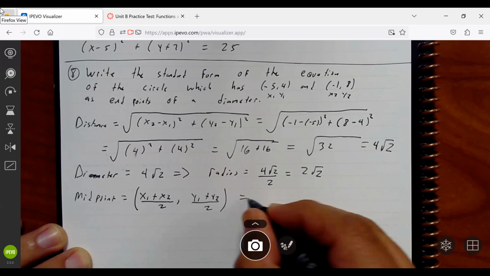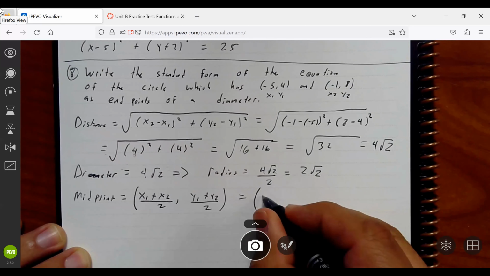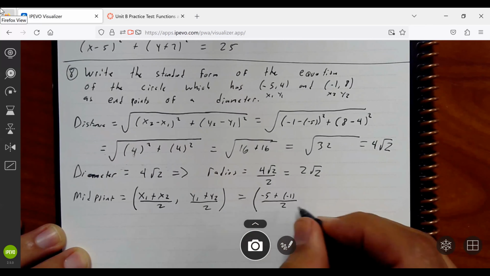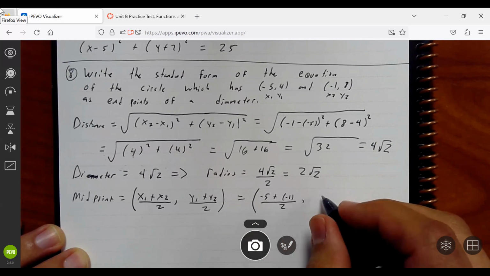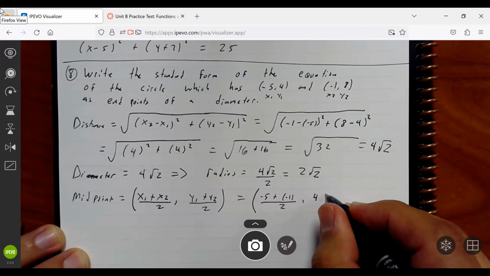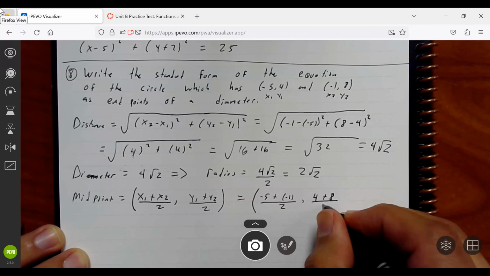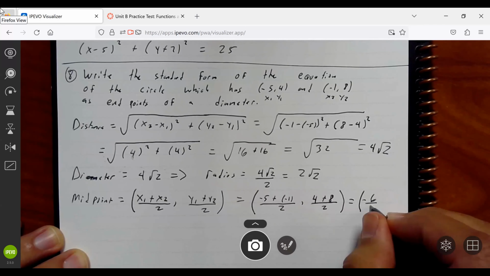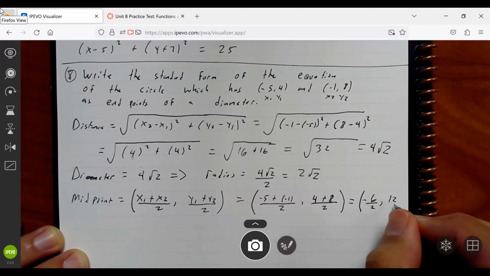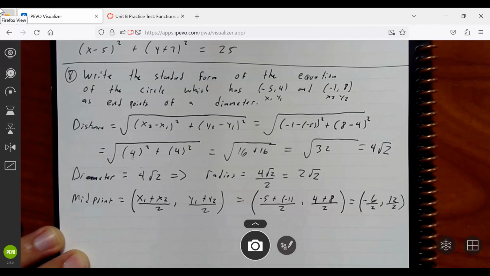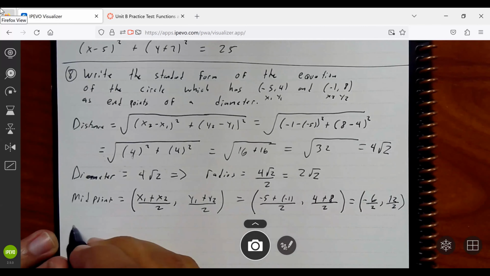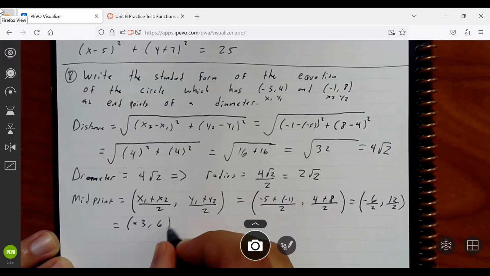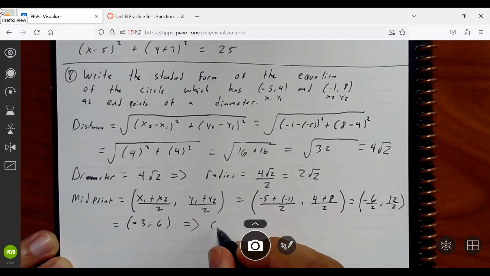That makes sense? Well, there we go. So now the center would be this. So this is the center.